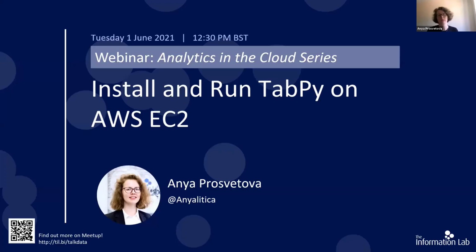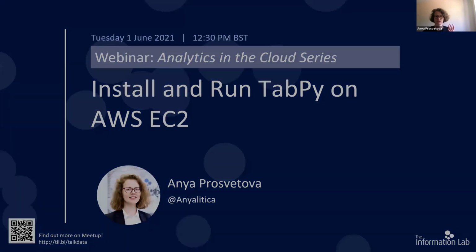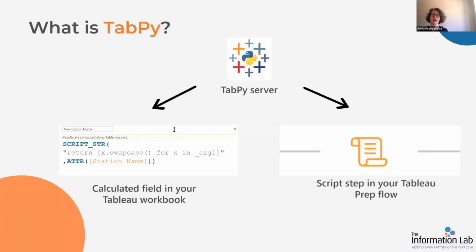So yeah, as Peter mentioned, my name is Anya, and I'm going to walk you through this process today. The first thing that we need to understand before we start actually looking at AWS: what is TabPy? TabPy is a special framework that allows Tableau to communicate with Python scripts and run them in a Tableau Workbook.